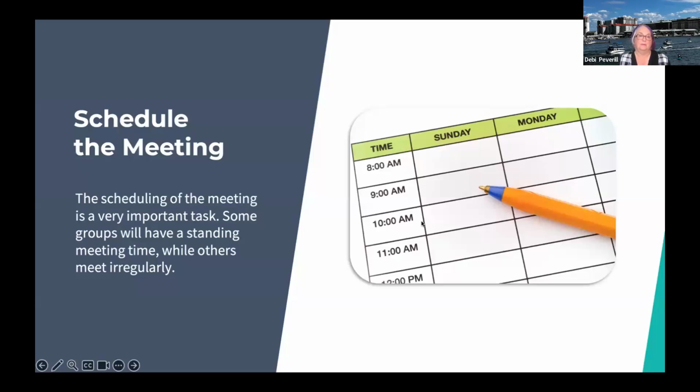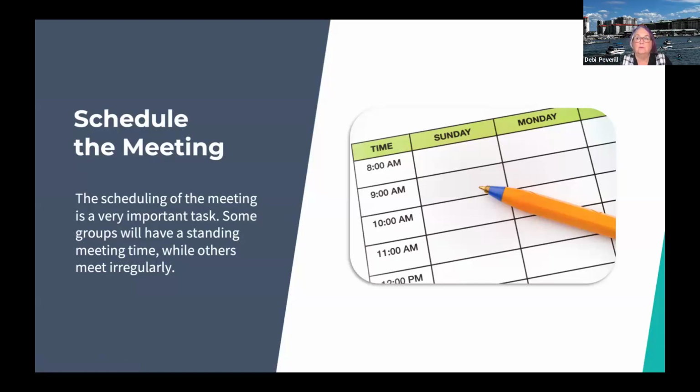So how do we schedule the meeting? Various people have various plans for this, but some groups have, we meet the second Tuesday of every month, and people who are on that board will set that time, hopefully in their calendars, in perpetuity, that on the second Tuesday of every month, they have a board meeting.